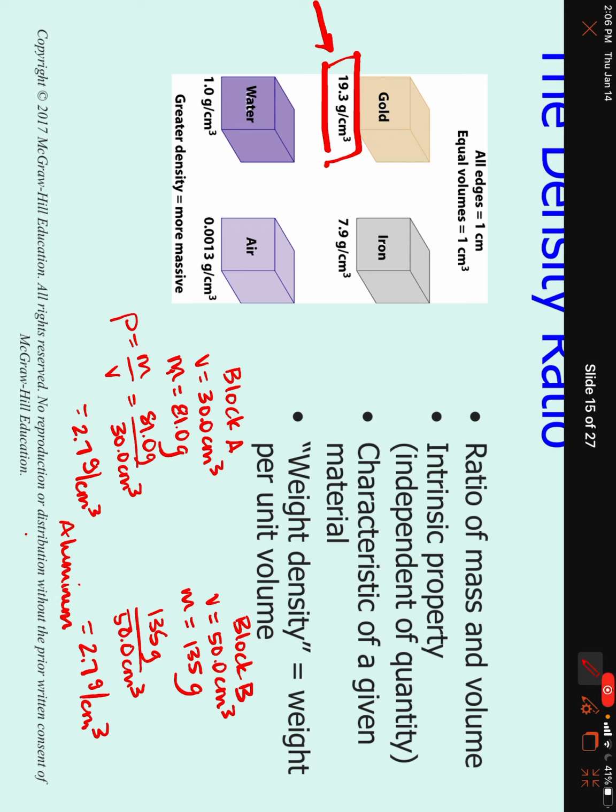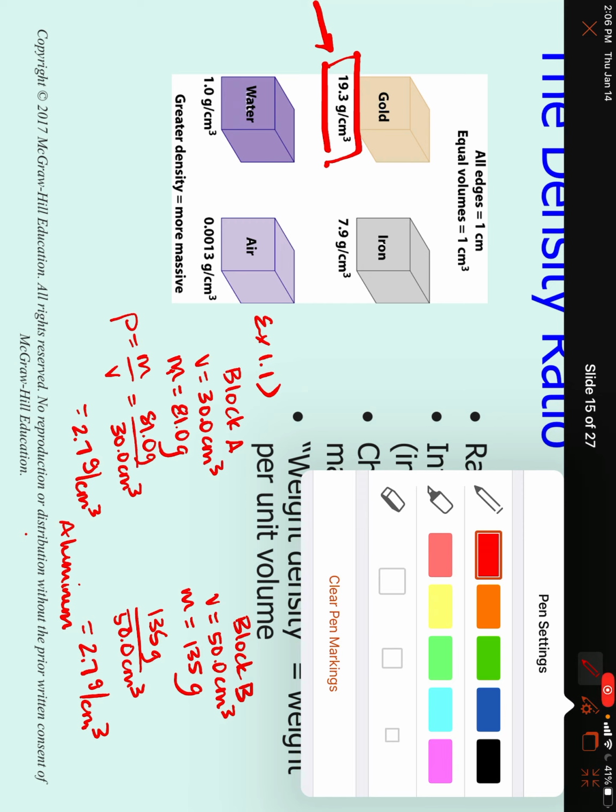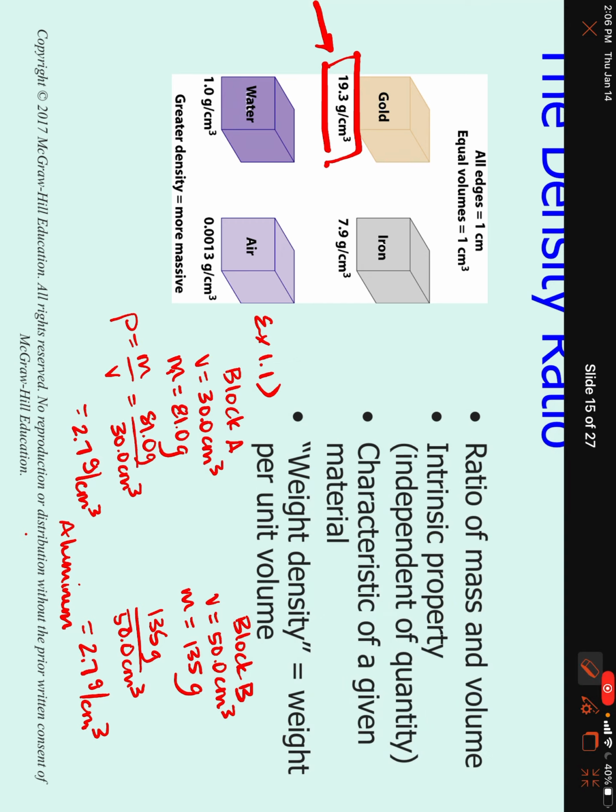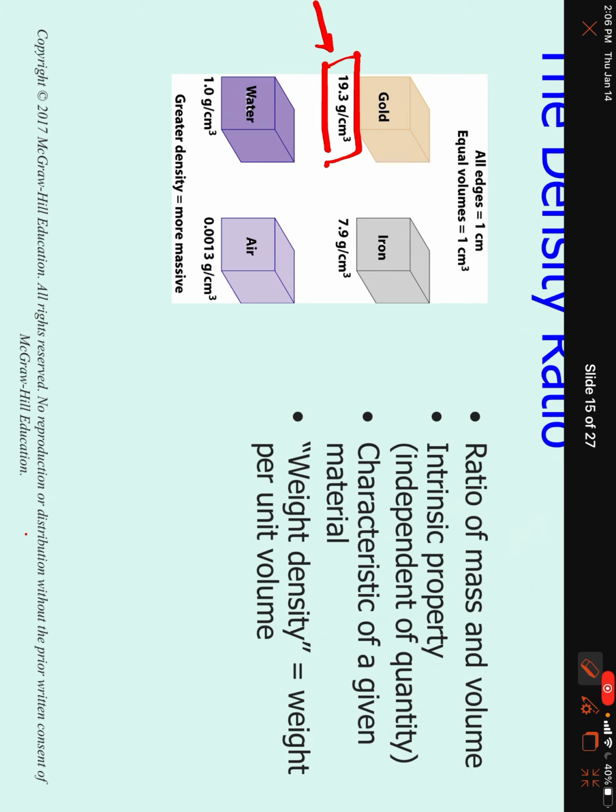Okay, so you might have a homework problem that's sort of similar to that. This was example 1.1. Okay, I'm going to erase this and do example 1.2 really quick, so you can always rewind on the video.